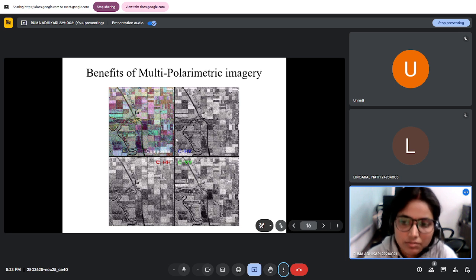Because of HH, VV and HV, we channel the HH band to red, the HV band to blue and the VV band to green. Why? One thumb rule is that HH is sensitive to buildings. VV is sensitive to vegetation, so green. HV is sensitive to water. So we got this RGB.